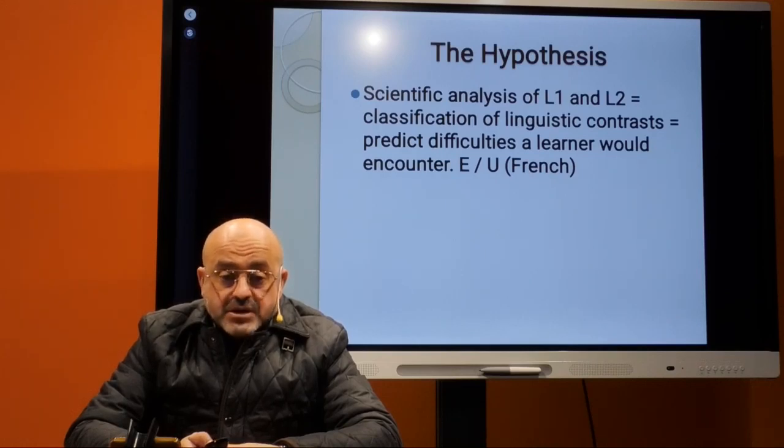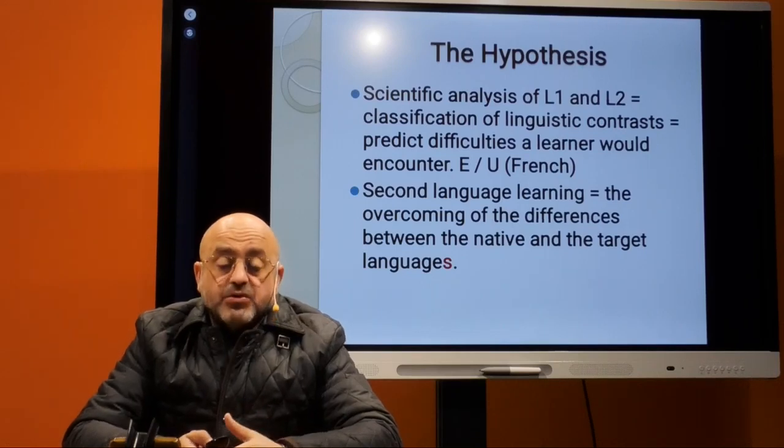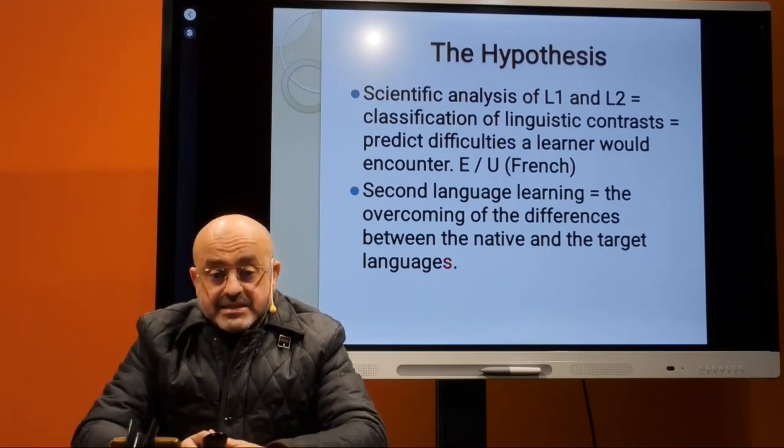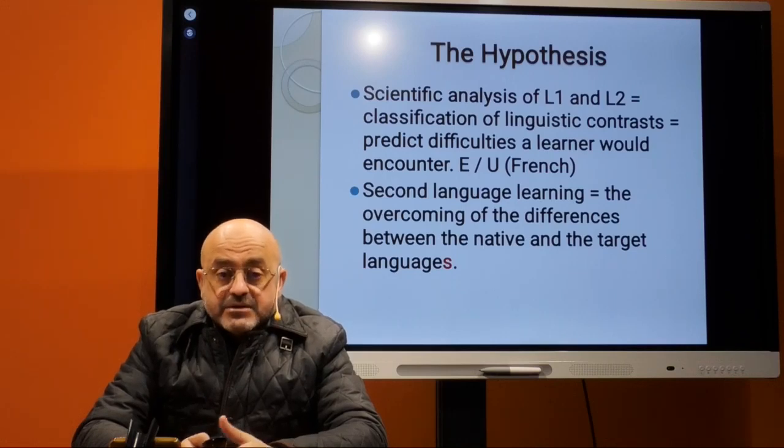These sounds, the French students will have difficulties in acquiring. So according to contrastive analysis, second language learning is mainly about surmounting the differences between the native and the target language.